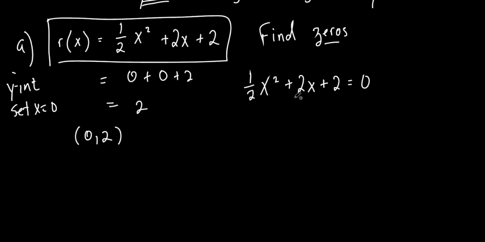It's actually pretty easy. I don't like that 1/2. What do you think you can do with that 1/2 right now? Yeah, multiply everything by 2. All right, that'll get rid of the 1/2. It makes it a little bit easier to solve for x. So if you wanted to, you could keep it the way it is, put it into the quadratic formula, and then solve for x. But do you really want to stick a 1/2 in there?